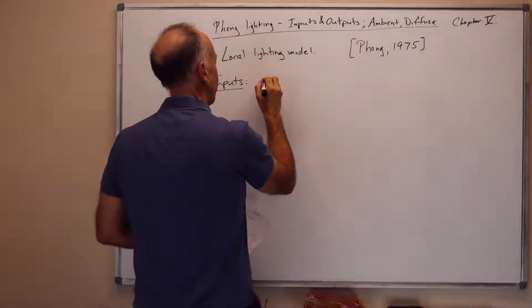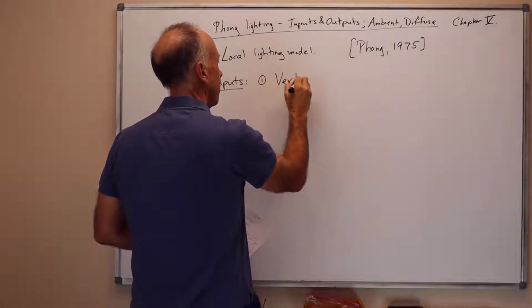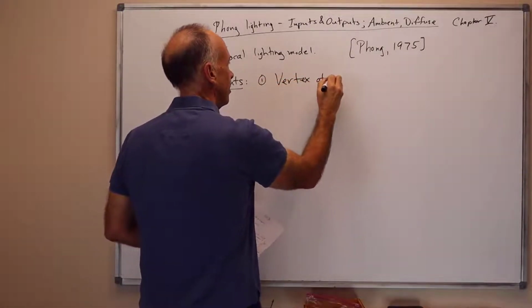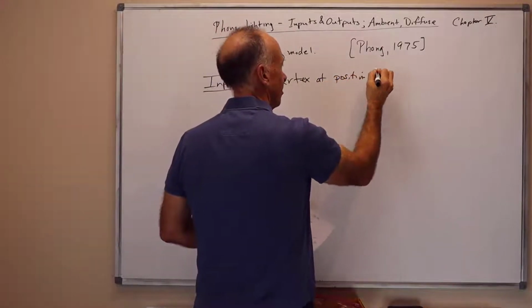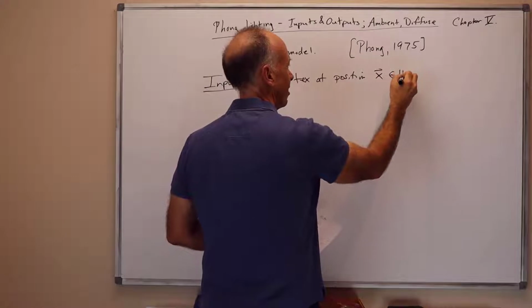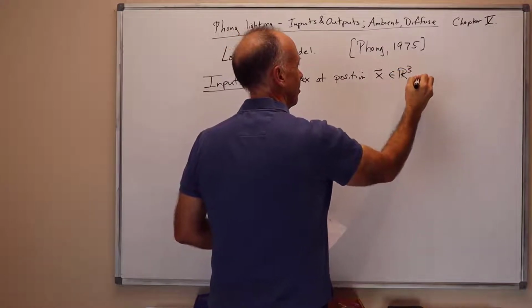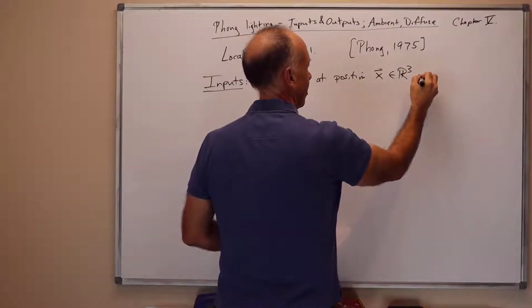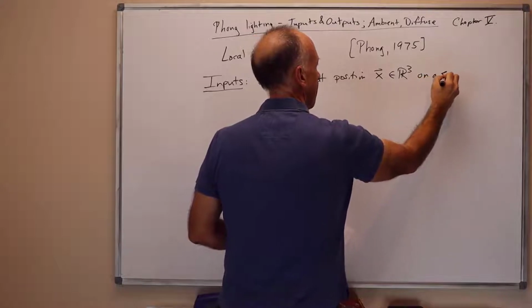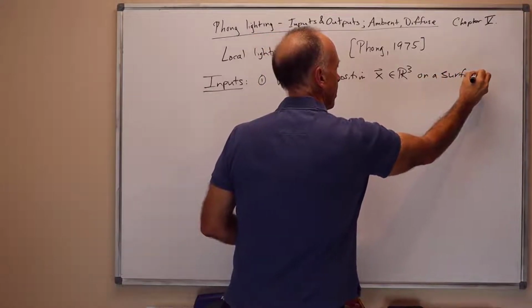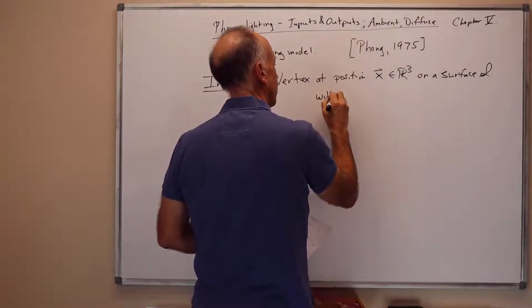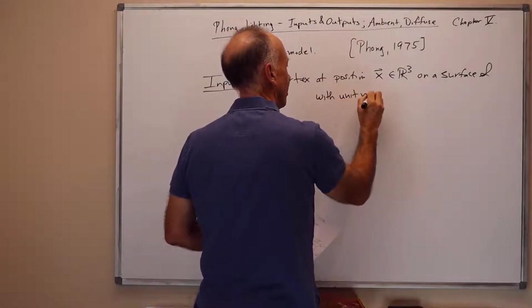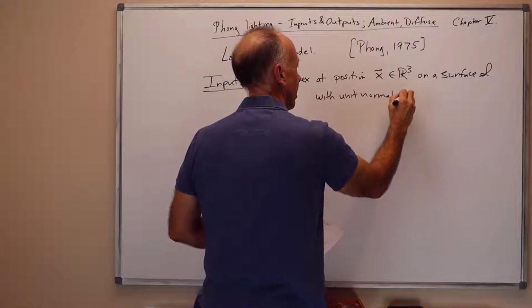So the situation is, first of all, we've got a vertex at position x, and x is a vector in R3. Position x on a surface, S if it needs a name, with unit normal n.